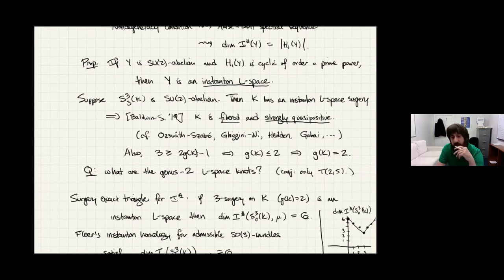So if 5 surgery were an L space, just using this genus bound, 2g minus 1 has to be at most 5. In other words, it would have to be surgery on a genus 3 knot, and a genus 3 L space knot, of which there probably aren't that many. So yeah, I do believe that it should extend to 5 surgery, but I can't prove it.